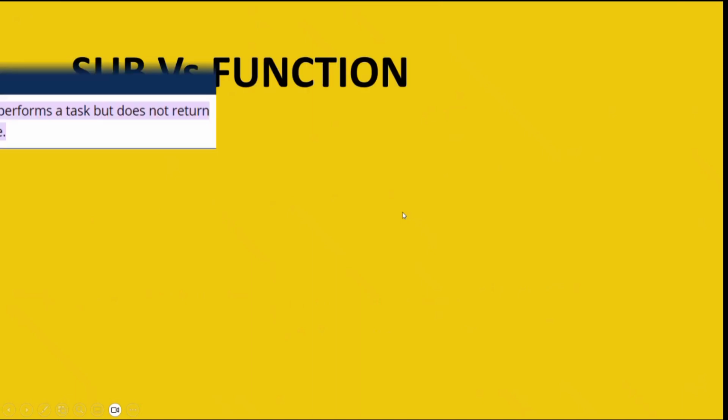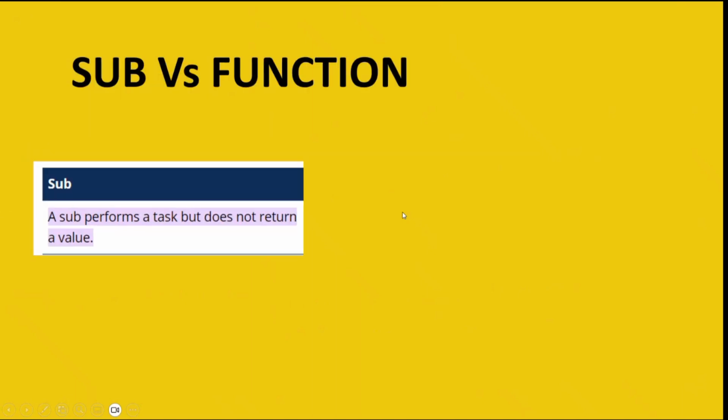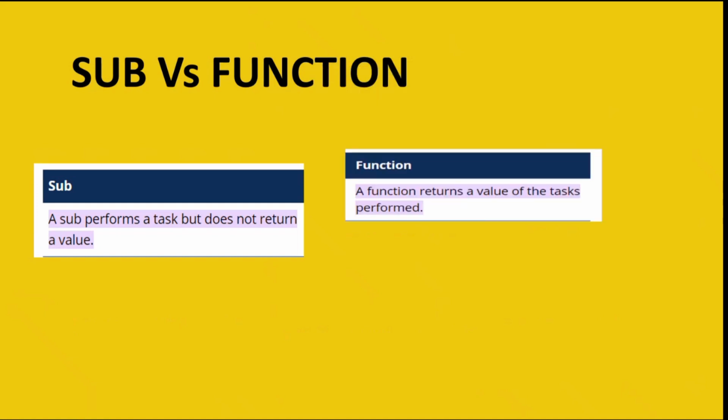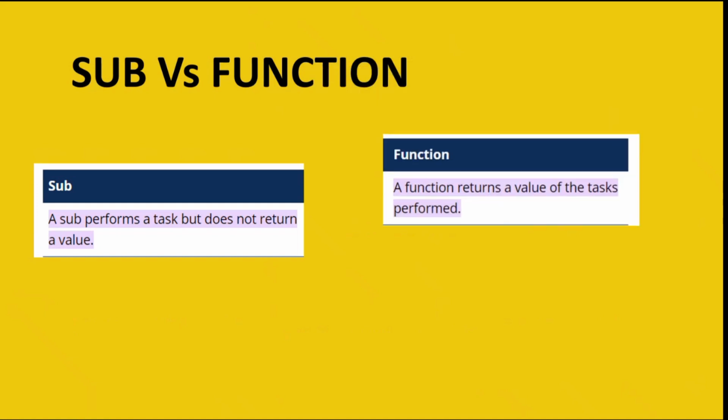So, if you want to execute a series of statements without returning any value, then you can use sub procedures. If you want to execute a series of statements and return a value, then you need to use function procedures.